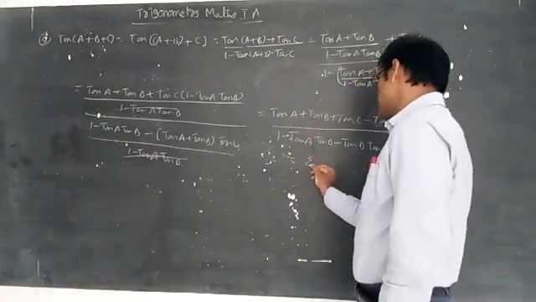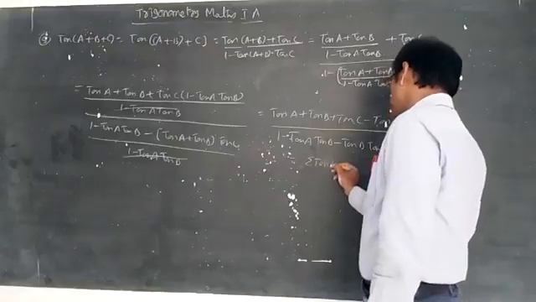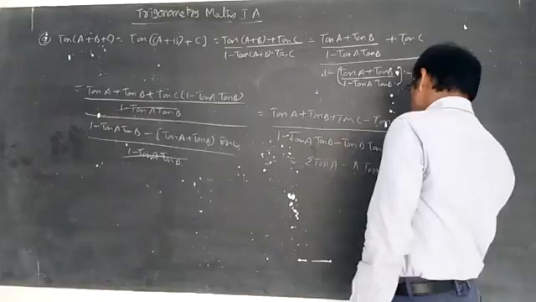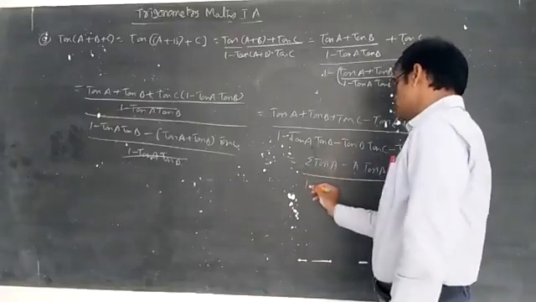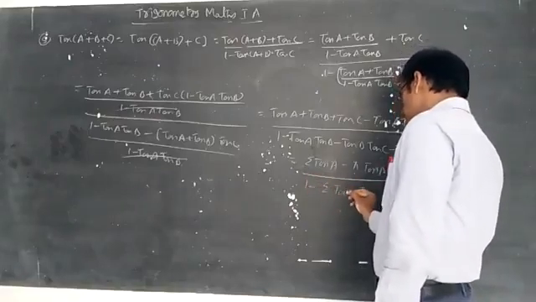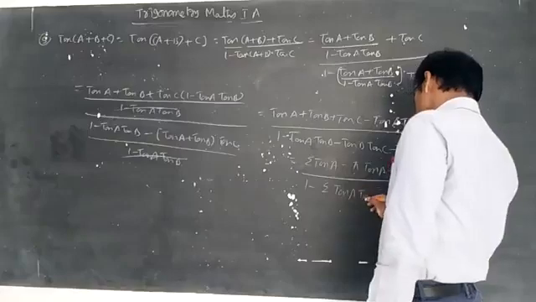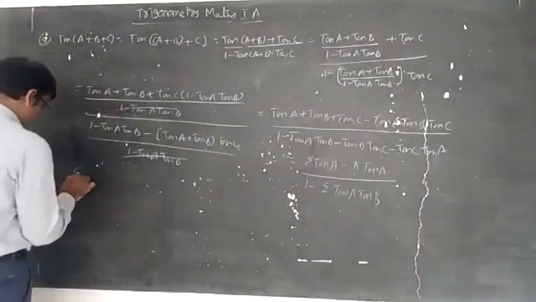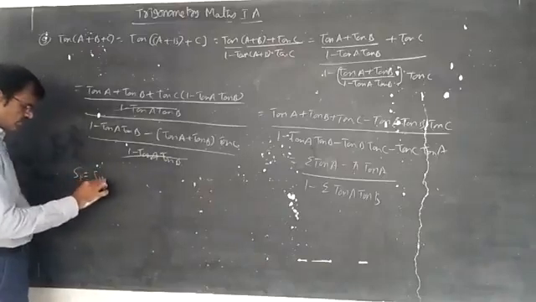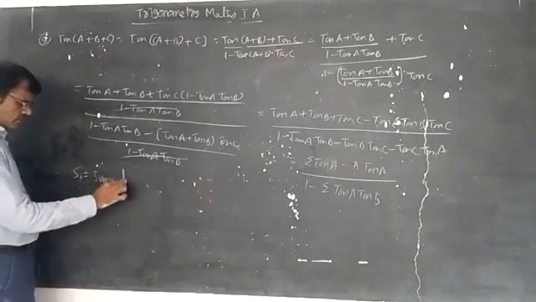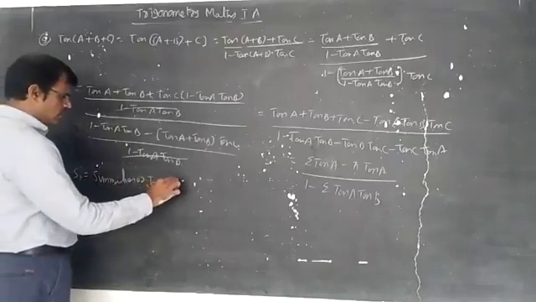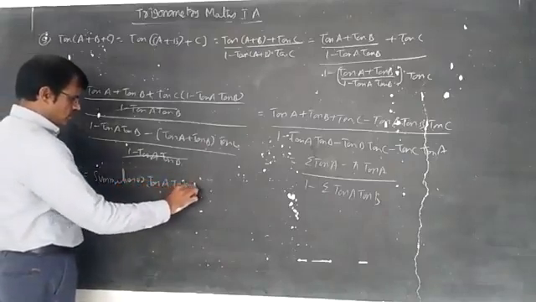This can be written as sigma tan A minus pi tan A, pi means product, by 1 minus sigma tan A tan B. Here S1 means summation of tan taken one at a time.